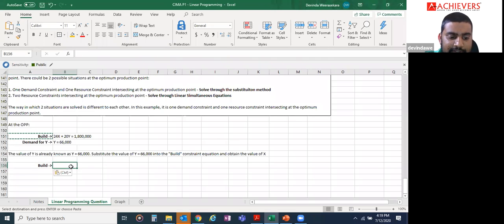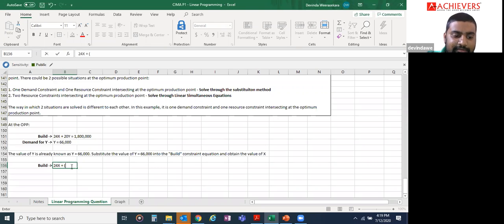So the build equation: 24x plus 20 into 66,000 equals 1,800,000.